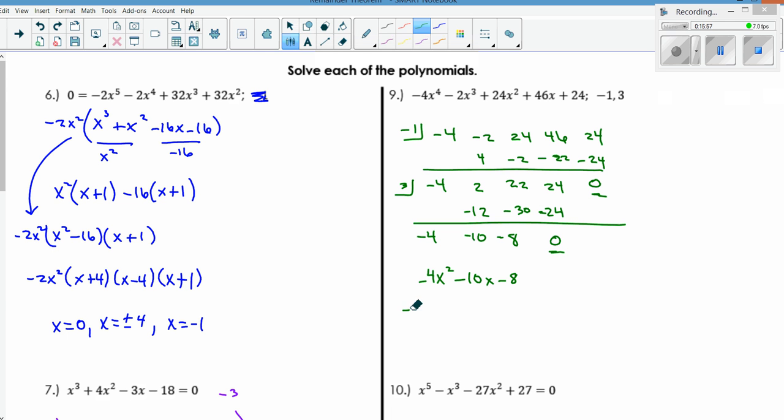I'm going to factor out a negative 2, which is going to leave me with 2x squared minus 5x plus 4. Alright, so when I factor, I'm looking for factors of 4. I know it's got to be minus and a minus.